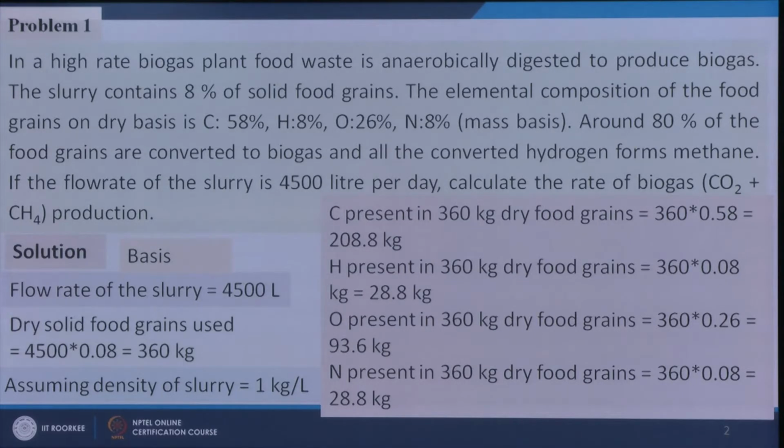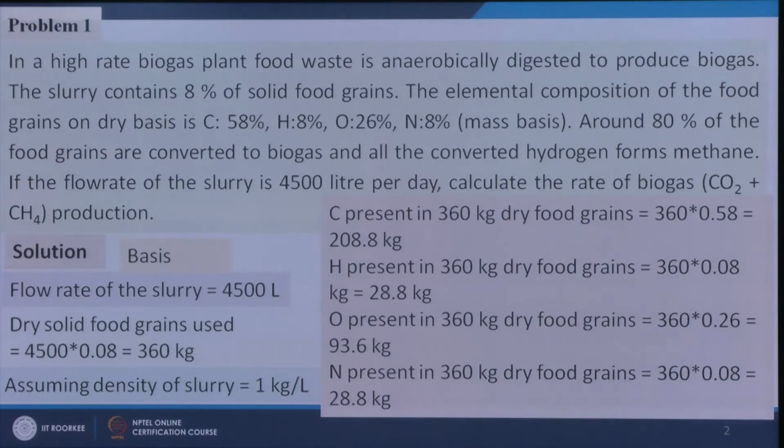Around 80% of the food grains are converted to biogas and all the converted hydrogen forms methane. If the flow rate of the slurry is 4500 liter per day, calculate the rate of biogas, that is CO2 plus CH4 production. So, this is the problem statement.